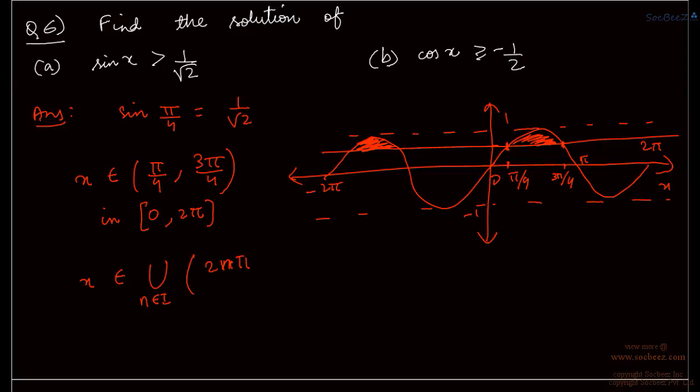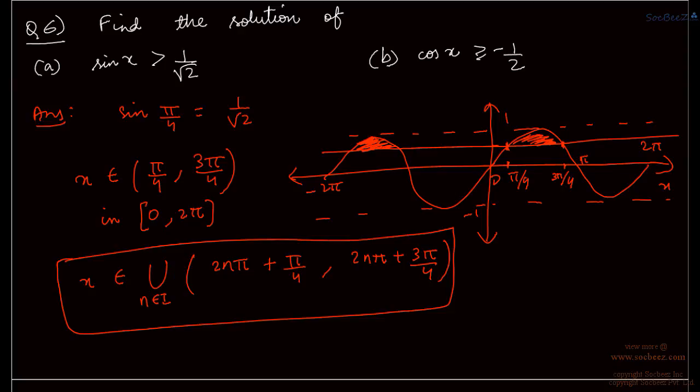So union of all 2n pi by 4. Oh, sorry. It's not 2n pi by 4. Sorry. So it's 2n pi plus pi by 4 to 2n pi plus 3 pi by 4.